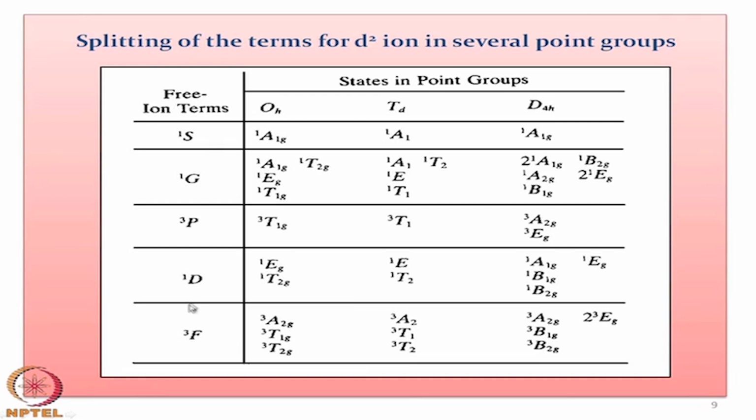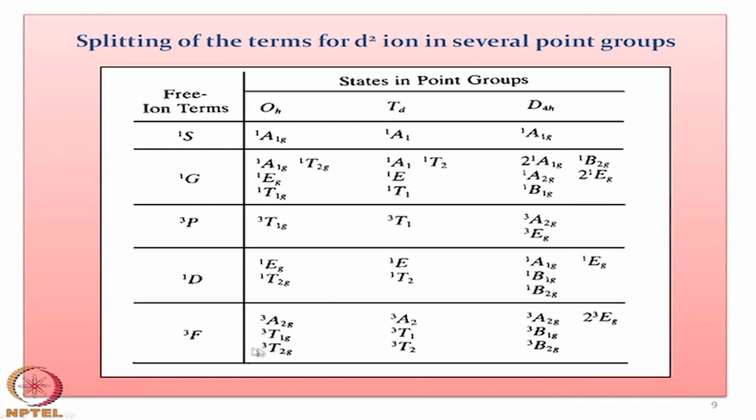So, when this 3F level is placed inside an octahedral field, the 3F level will be split into 3A2g, 3T1g and 3T2g levels. And these levels are important for the corresponding transitions if we consider that this ground 3F level is defining one particular state in a weak field, that means a weak crystal field strength.